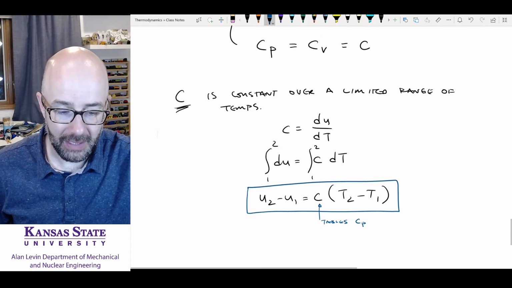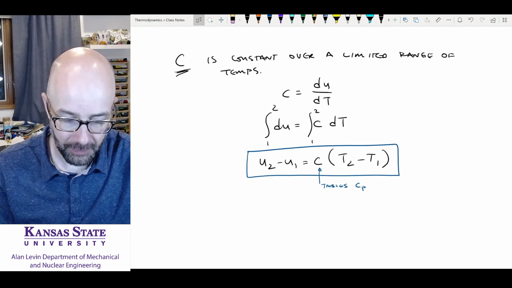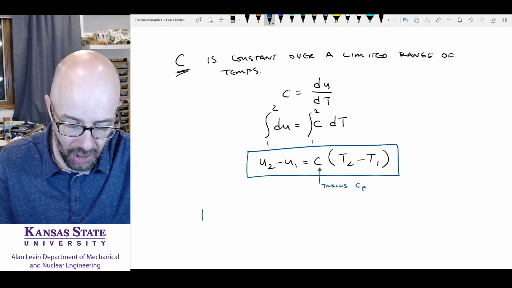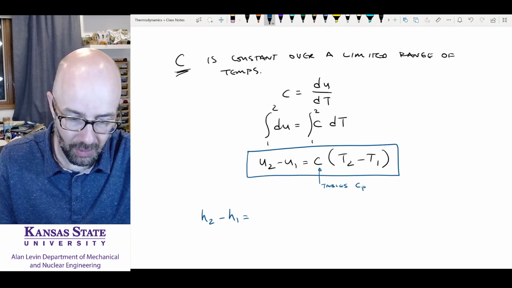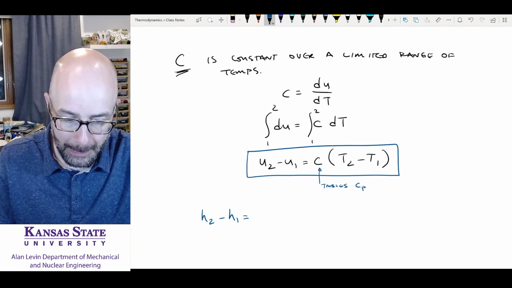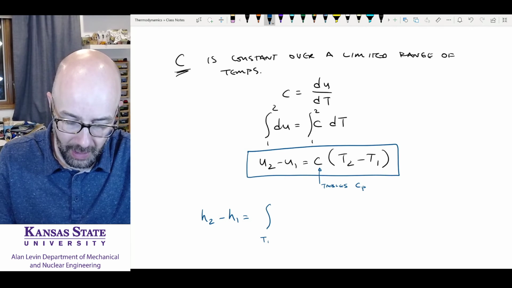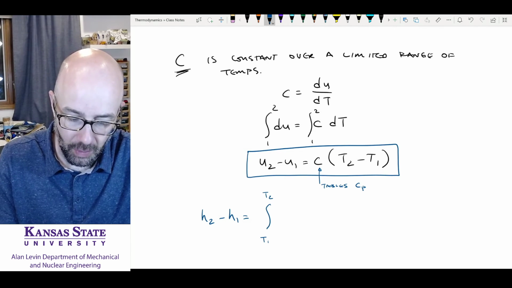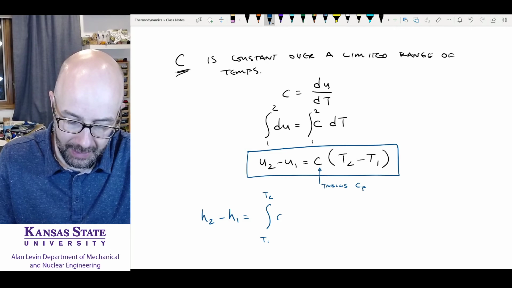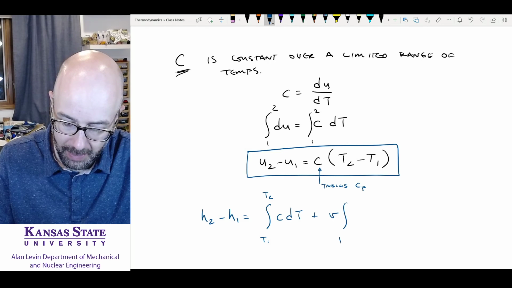Okay, now let's see what would happen if we did enthalpy. So the enthalpy, H2 minus H1, is going to be equal to the integral from T1 to T2 of du, which would be C times dt, plus specific volume times the integral from P1 to P2 of dP.